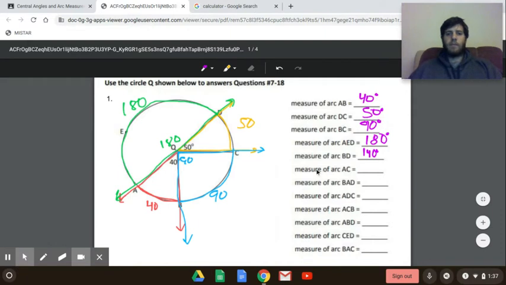Okay, measure of arc AC. So AC is this right here. So that's 40 plus 90, which is going to be 130. So the measure of this arc is 130 degrees.